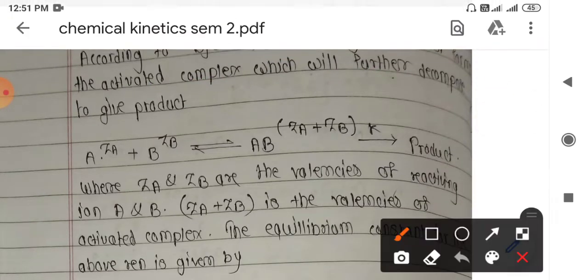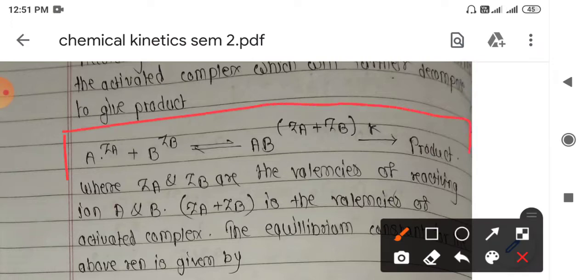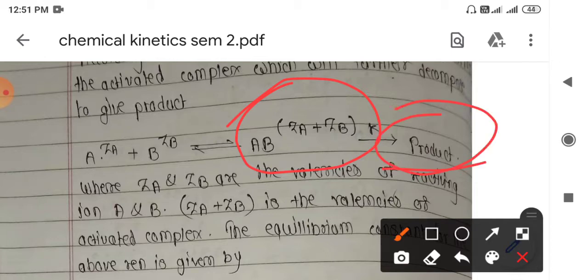He has considered the general equation by representing ion A having the charge ZA, ion B having the charge ZB, in equilibrium with the activated complex formed by ions A and B, having the charge ZA plus ZB, that is, the overall charge is the addition of the two reacting ions. This activated complex will give you the product, and the product formation does not depend upon the reactant.